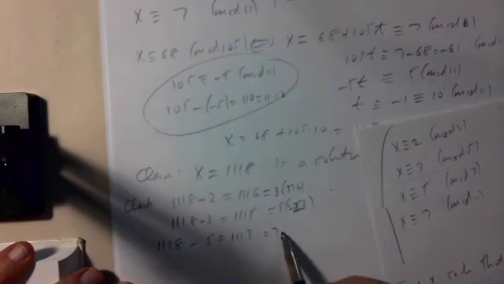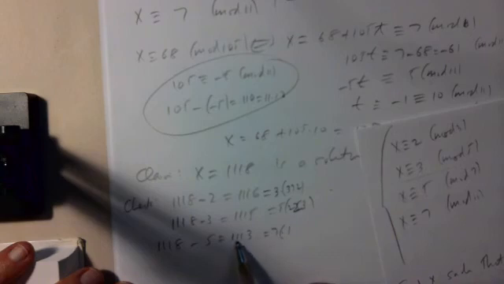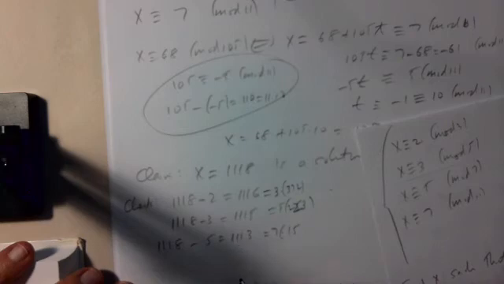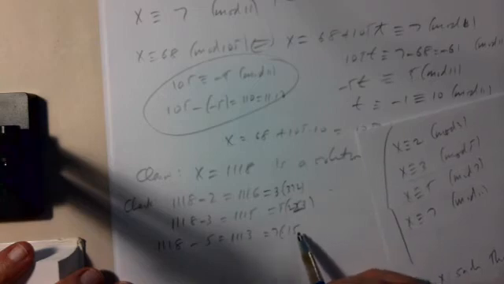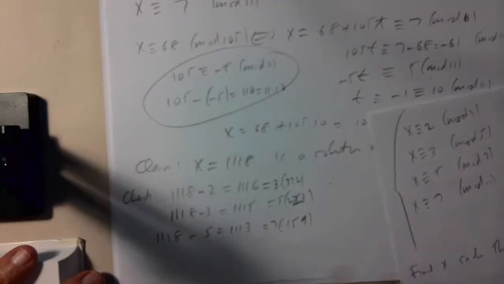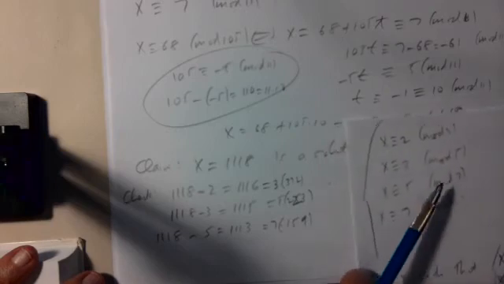If I divide this by 7, I get 159. So 7 times 159. So 1,118 is congruent to 5 mod 7.